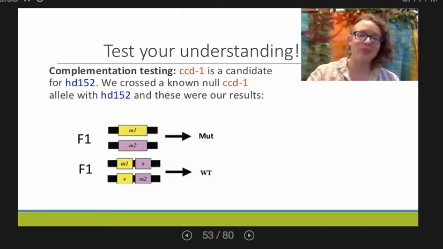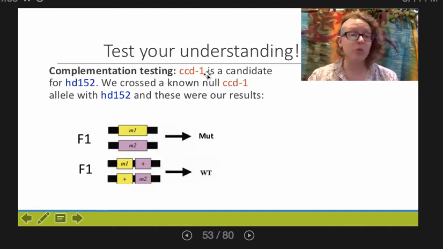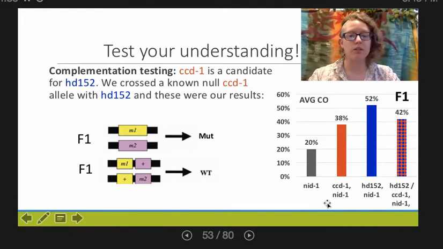Here's another one. Complementation testing that worked. CCD1 is the candidate gene for HC152, which is one of our mutant alleles. And we were able to get a known null CCD1 allele and cross it with HD152. These are our results. Here's the known CCD1 null allele.